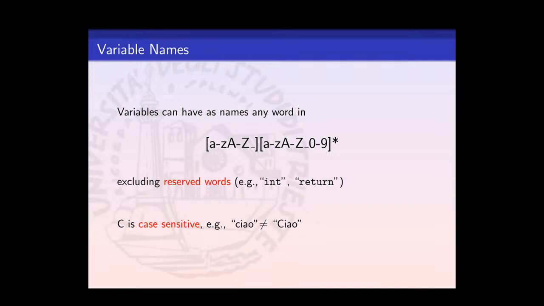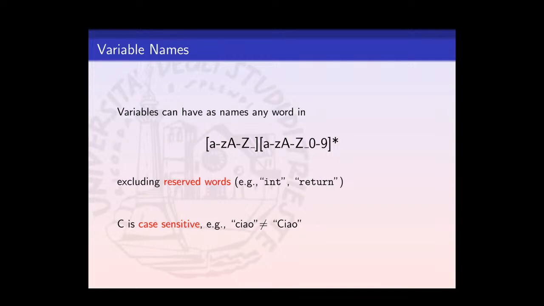The idea is that basically any string containing numbers from 0 to 9, capital letters, standard letters, and underscore and minus is admitted, but the initial character of your name should not be a digit.